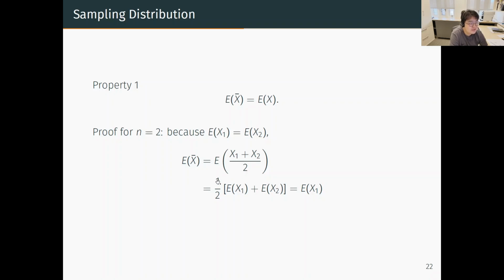So you may bring the addition and dividing by 2 out of the expectation. It's expectation 1 plus expectation 2, divided by 2. That is because they are the same, so it is simply the single expectation again. No matter how many, you are going to get the same result.